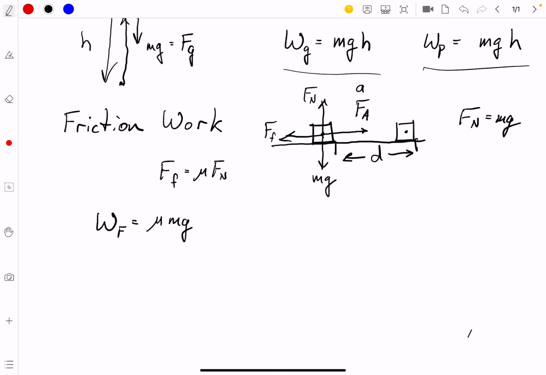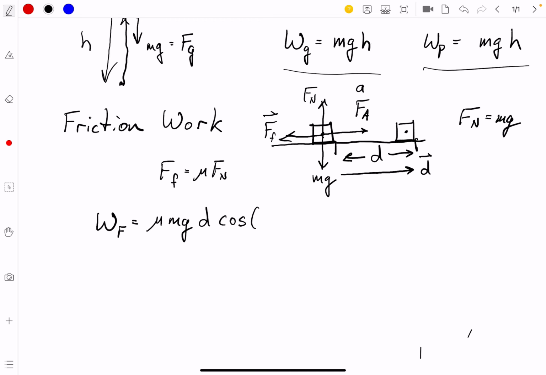And we have to multiply it by d, and then we also have to multiply by the cosine of the angle between this d, that's our d vector, and the actual force of friction vector.